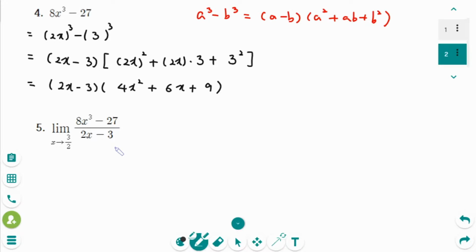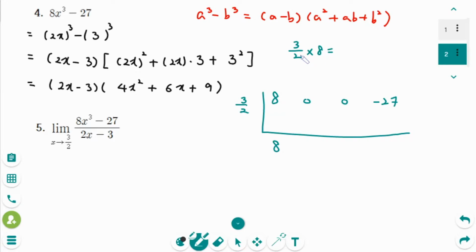We can figure out the factored form using synthetic division. So I will copy the coefficient part. So this is 3 over 2 here. So 8 down, times 3 over 2 equals 12.